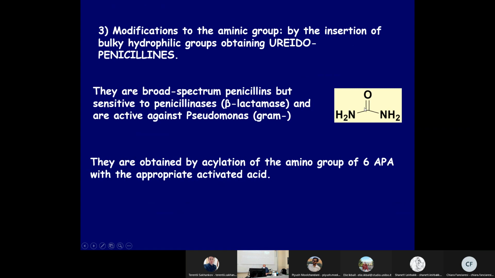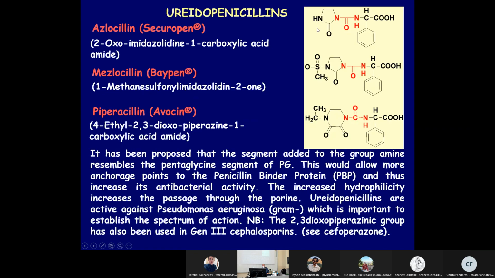And the third modification is related to the introduction of the urea residue in the side chain in order to increase the hydrophilicity once again. You see here the ureidopenicillins, you see in red the residues of urea. I am not interested in this type of difficult compounds, but I think you have to know the chemical structure of aminopenicillin. This is very important.